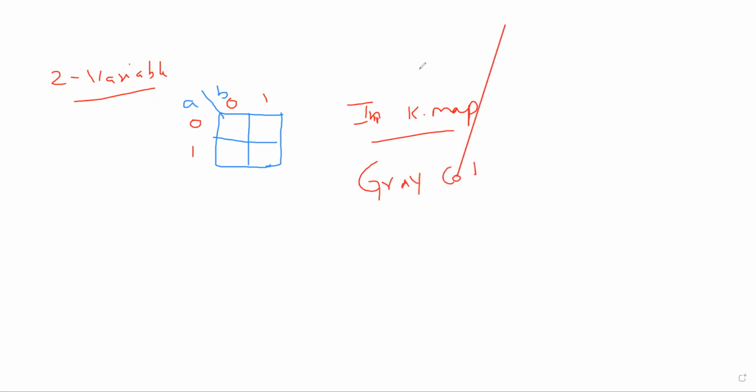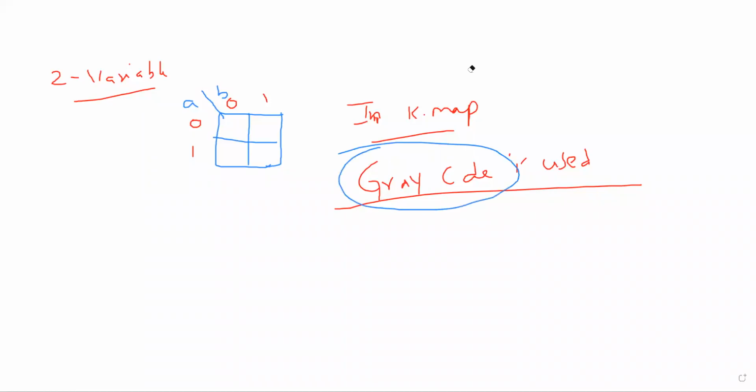This is a very important point. You have to remember that Gray code is going to be used in the Karnaugh map.